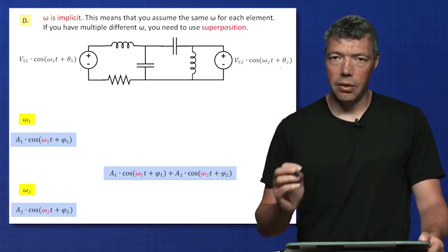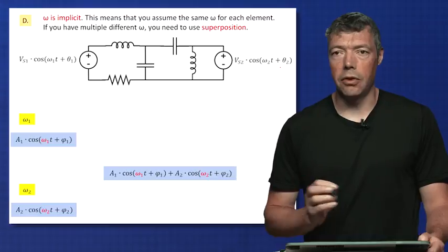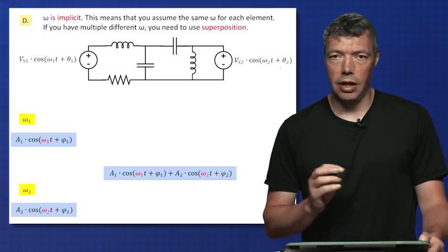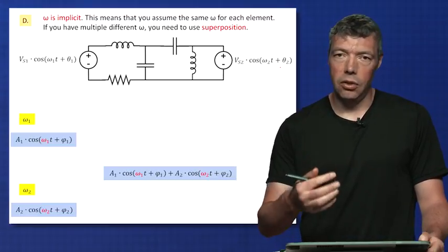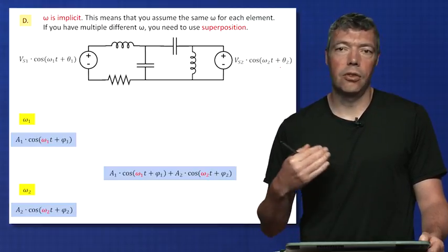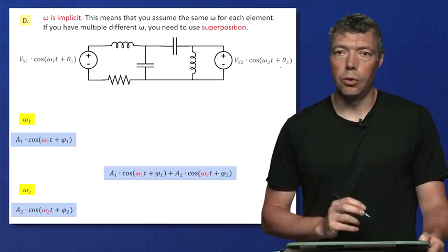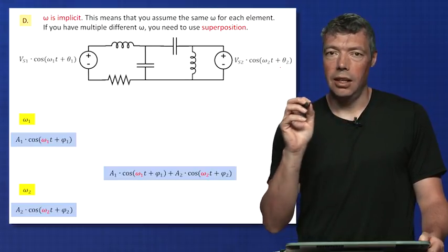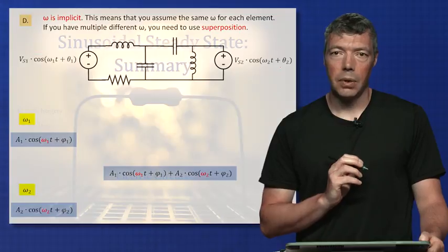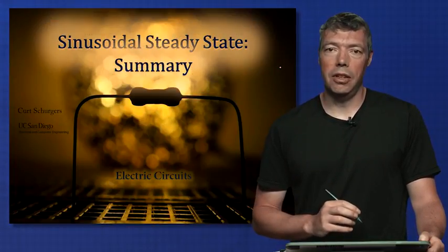So I can actually quite easily analyze a circuit if I have sources with different omegas. If I had two sources with the same omega, I can choose. I can either use superposition or I can just analyze it all together because there is just one omega in my system. But if I have two different omegas, I need to use superposition and analyze each source separately. And basically, these are all the things you need to know about phasor analysis.